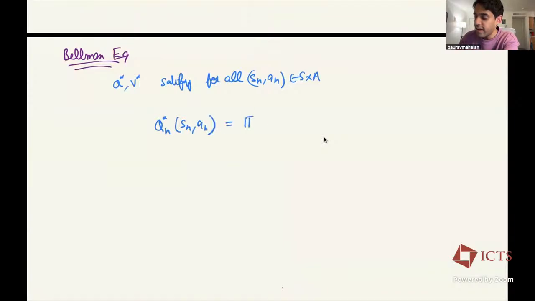V star and Q star are related because the best thing to do after you take an action is basically what V star tells you.